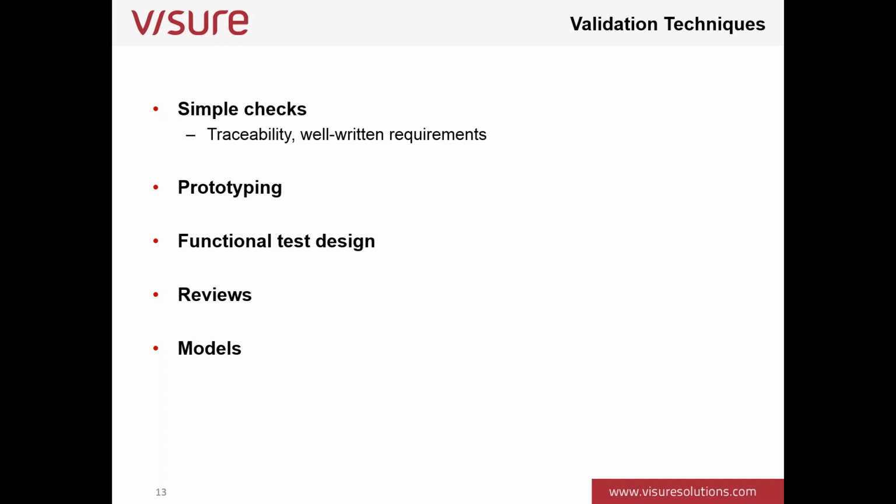Not that the tests are going to validate the requirements, they are going to verify those requirements, but by writing those tests, we are going to validate the requirements also. Reviews, performing some formal reviews of the requirements specification, the requirements document, in order to validate them. And finally, by means of models. So those are the five techniques.